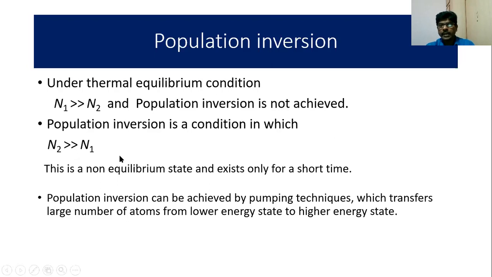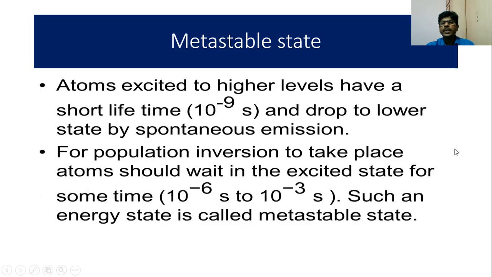That is, the number of particles in the excited, higher energy state is more than the number of particles in the lower energy state. This is a non-equilibrium state and exists only for a short time. Population inversion can be achieved by pumping techniques which transfer a large number of atoms from the lower energy state to higher energy states.